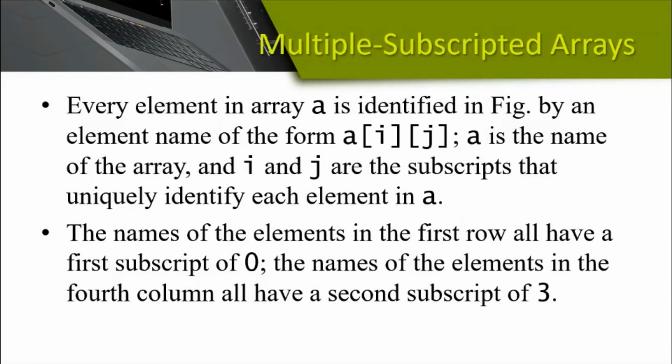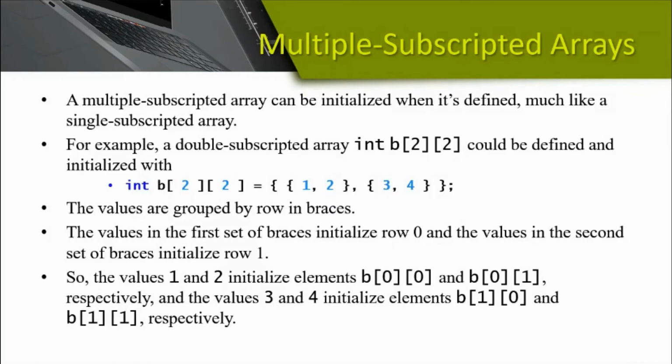The names of the elements in the fourth column will have a second subscript of 3, that we have already discussed.